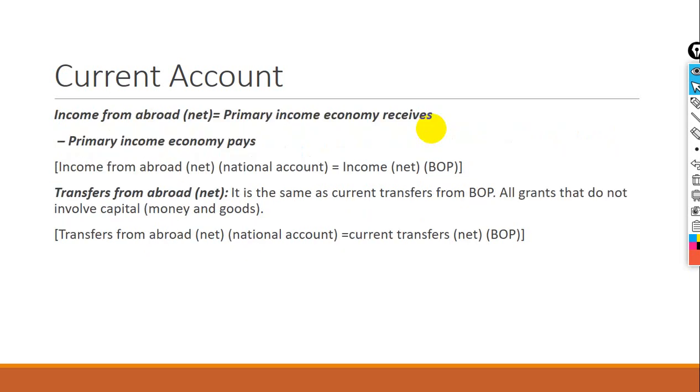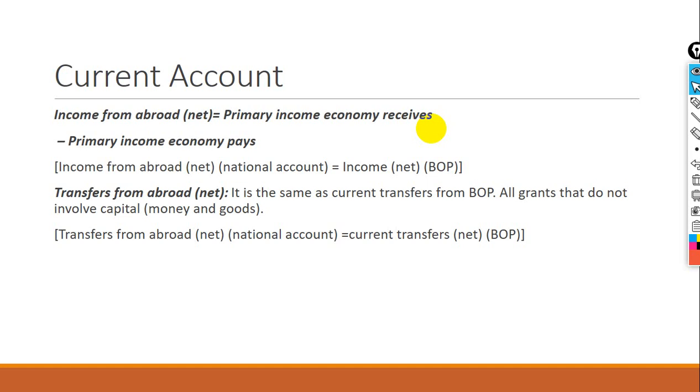Number 2, income from abroad net. Net means that you subtract what is paid from what is received. Income from abroad means interest: if you buy a bond in another country, you receive interest on these bonds.